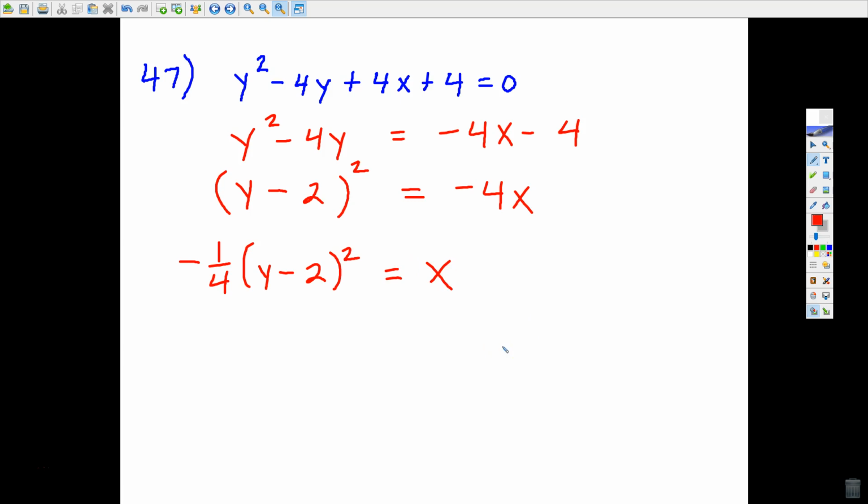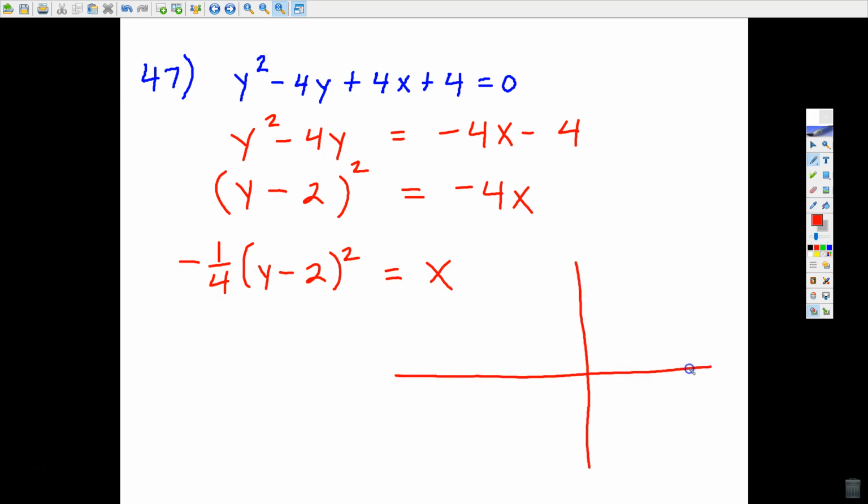So let me get Shelby, how is this parabola going to open when it's graphed? Well, it's solved for x, so think x-axis. Yeah, it's going to open to the left. If it's solved for x, it goes like the x-axis goes. And with it being negative, it's going to open to the left.